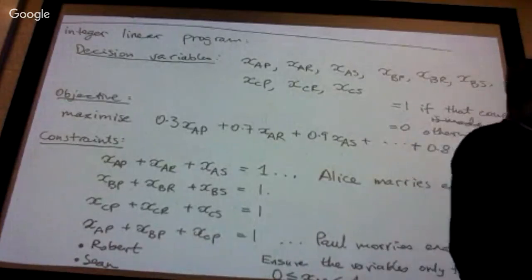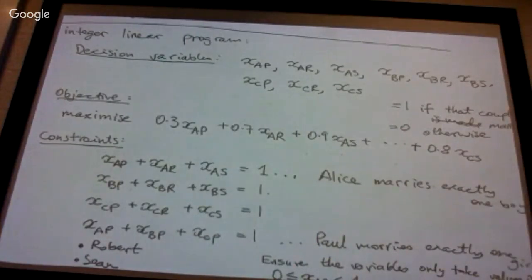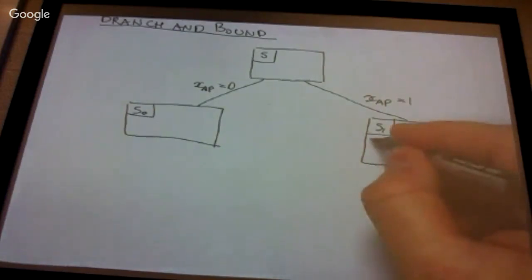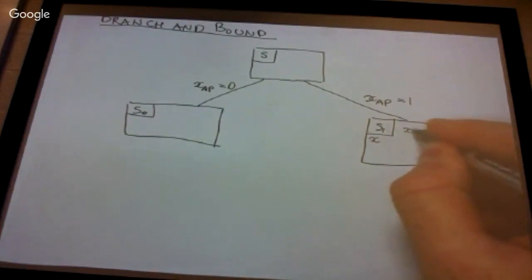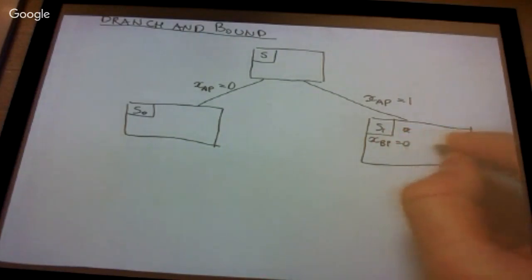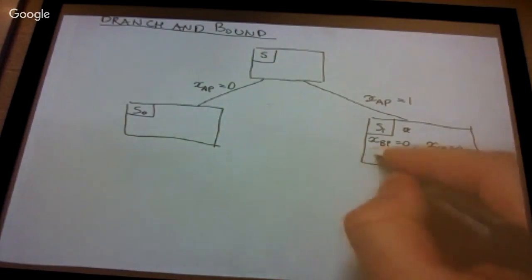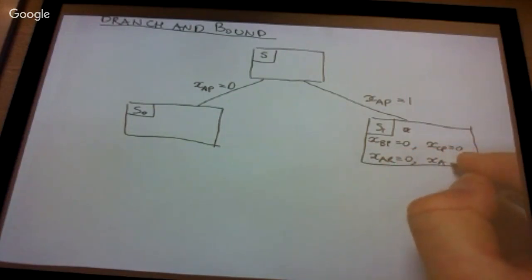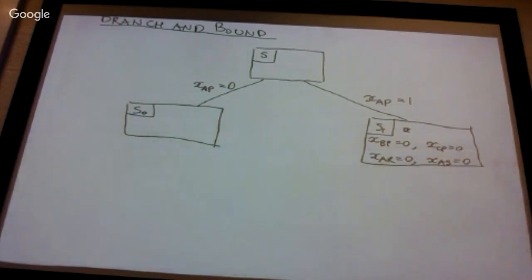So in the second case, we already know that XBP has to be 0, and also XCP has to be 0, and XAR has to be 0, and XAS has to be 0.